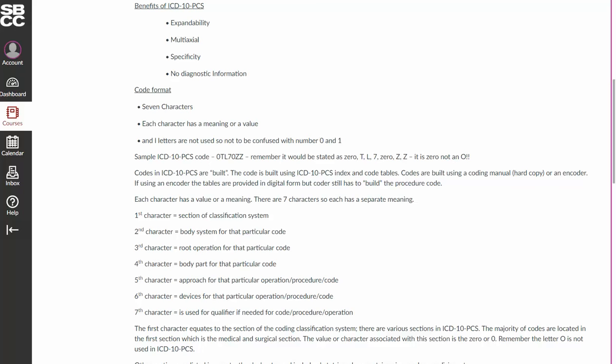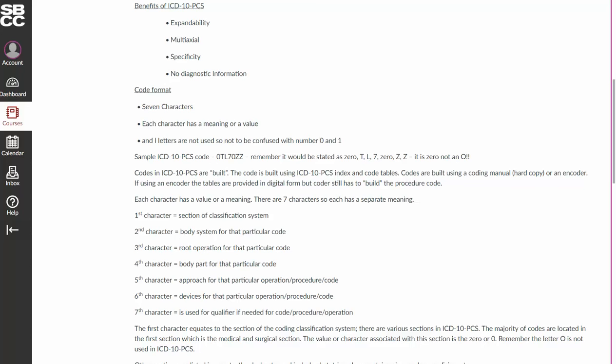Sutures, minor elements are not reflected. So it would have to be something like a Jackson Pratt drain, possibly like an artificial joint. Those types of things would be something we would reflect as a device being noted in the ICD-10 PCS code.